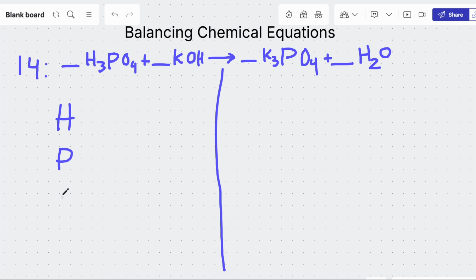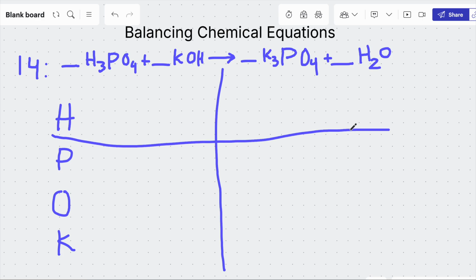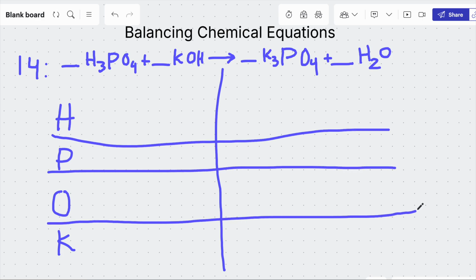We have O's. And we have K's. So get our lines in. All right, perfectly parallel lines. All right, now let's count our atoms. On this side, H's show up in both of these. So we've got 3 here and 1 here. That's 4.